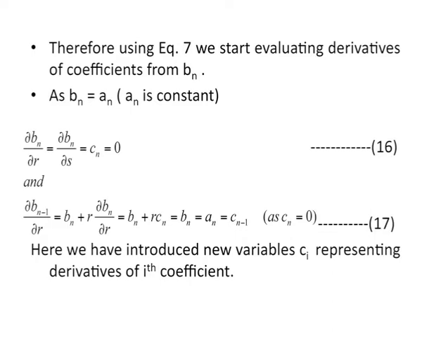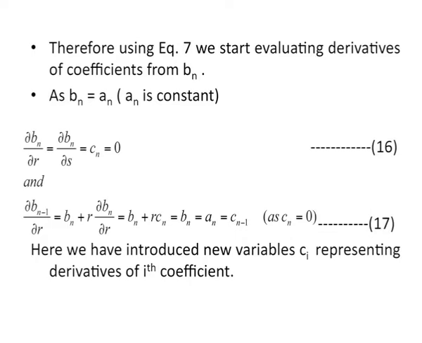We name this derivative by a new coefficient, c, and we say that this is c n. So, derivatives are represented by a new coefficient which we call c n. Similarly, we get the derivative of b n minus 1, which after some simplification is a n, and we term it as c n minus 1.